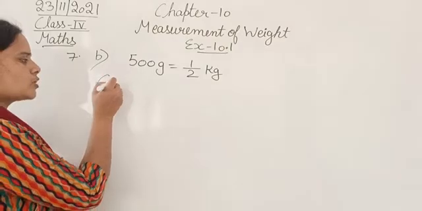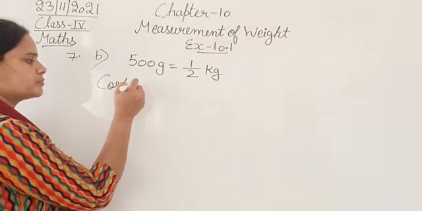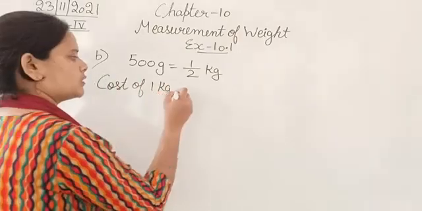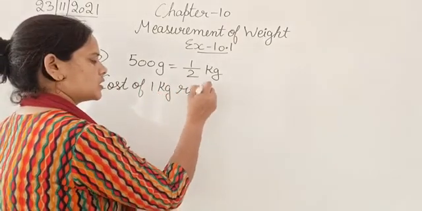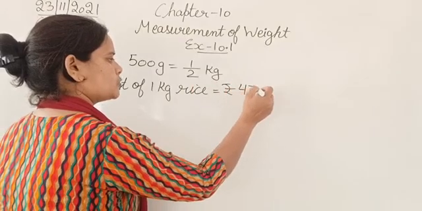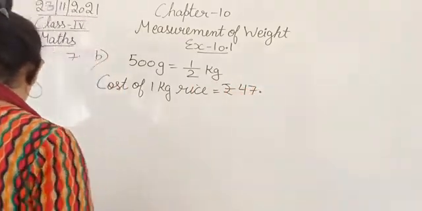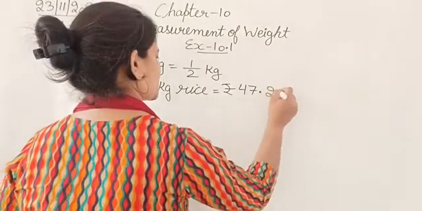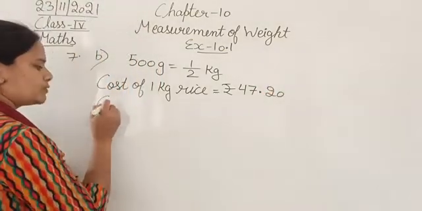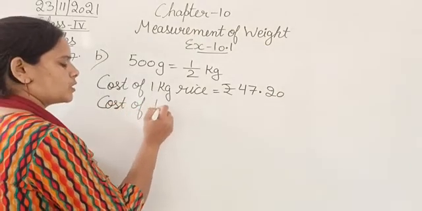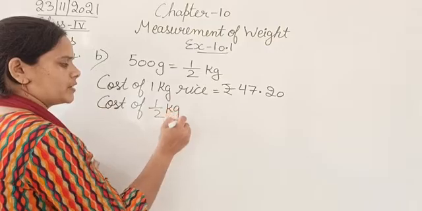Now the cost of 1 kg rice is 47 rupees 20 paisa. We need to find the cost of 1 upon 2 kg or 500 gram.